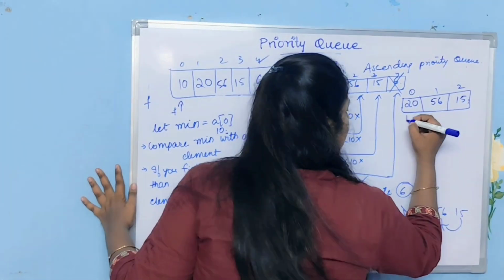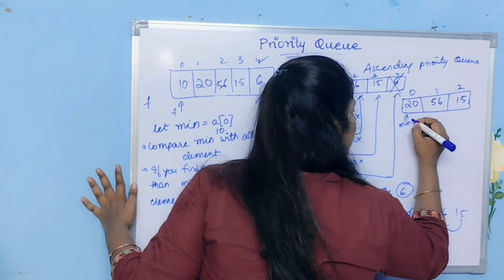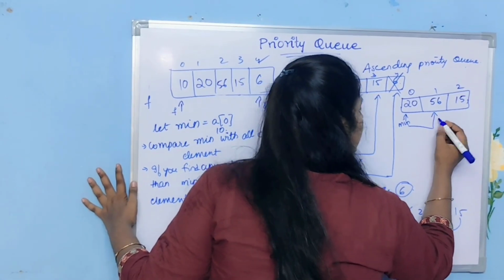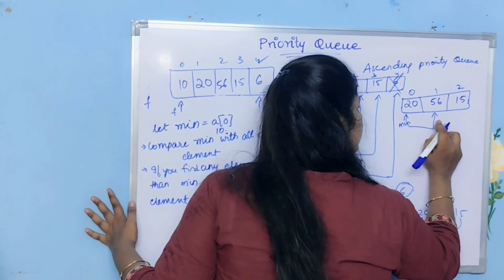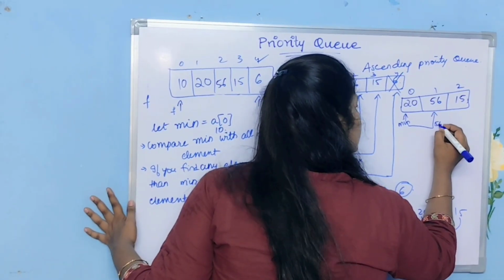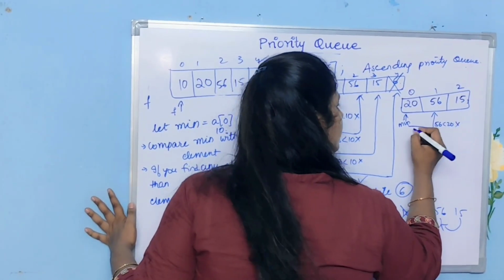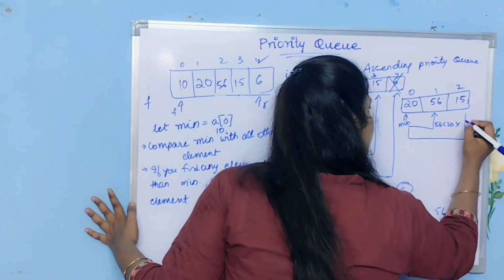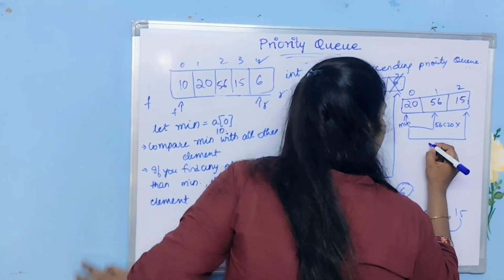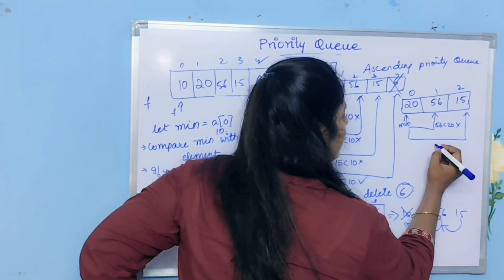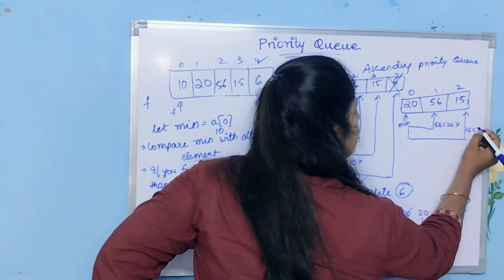These are the positions. Now again, consider the first as min element. It should be compared with 20, then 56. Is 56 less than 20? Condition false. Then 15 is less than 20.